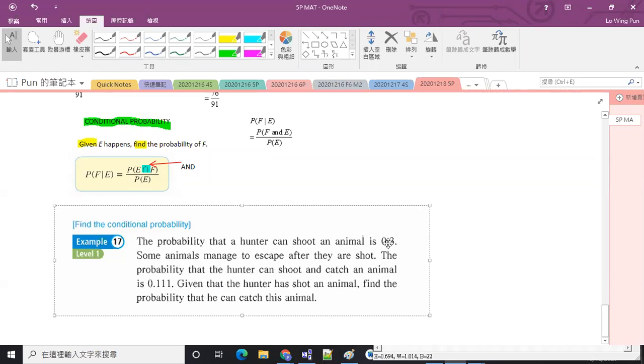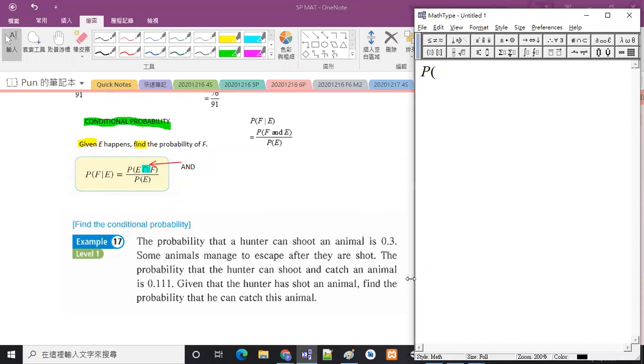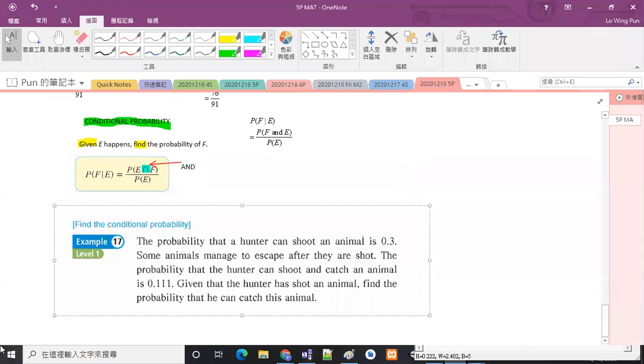Two probabilities are given, so we first write them down. What is the 0.3 here? It's P(hunter can shoot an animal) equal to 0.3.